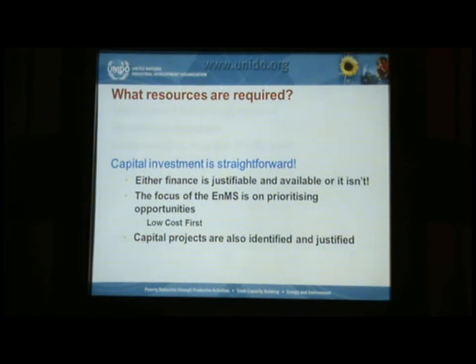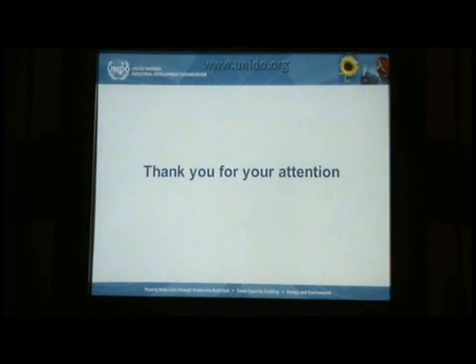And then the focus is on prioritizing opportunities, always the low cost first, and then capital projects are also identified and justified. So it's only in the last part, whether you want to have some capital investment or not, and that can be budgeted according to your schedule.